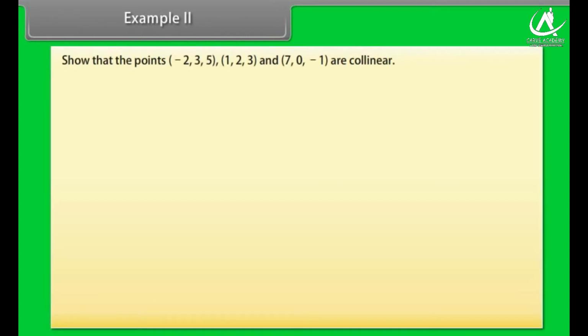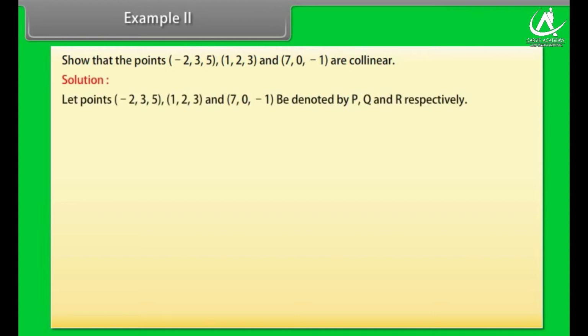Example 2. Show that the points (-2, 3, 5), (1, 2, 3) and (7, 0, -1) are collinear. Solution: let points (-2, 3, 5), (1, 2, 3) and (7, 0, -1) be denoted by P, Q and R respectively.